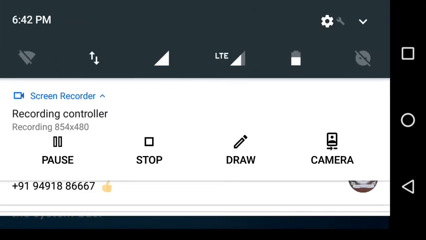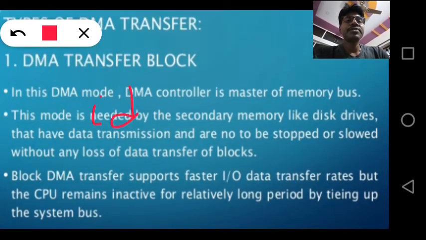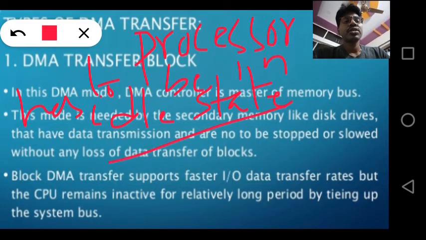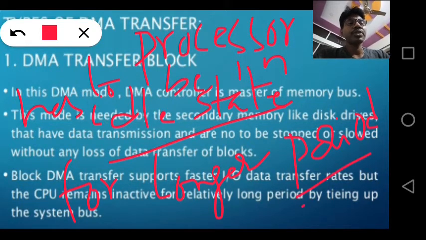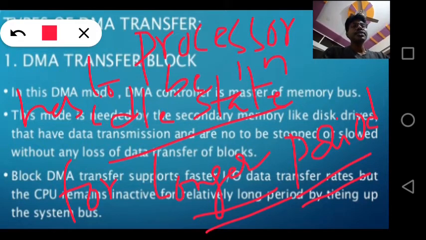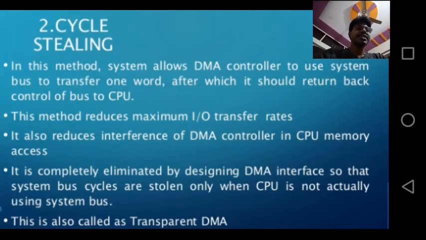So the disadvantage is that the processor has to be in an idle state for a longer period. This is the disadvantage of the DMA transfer block technique.